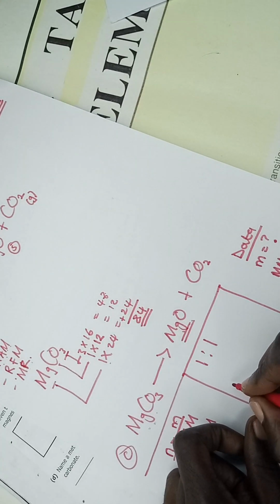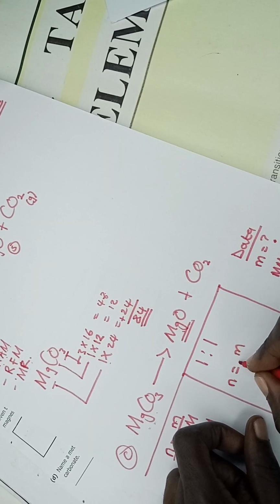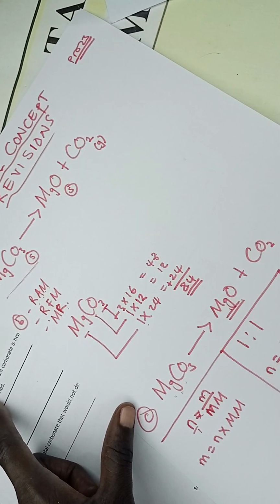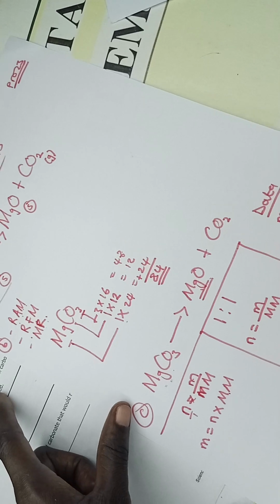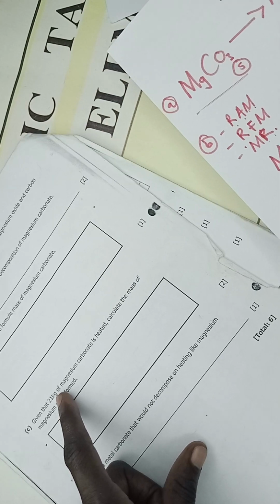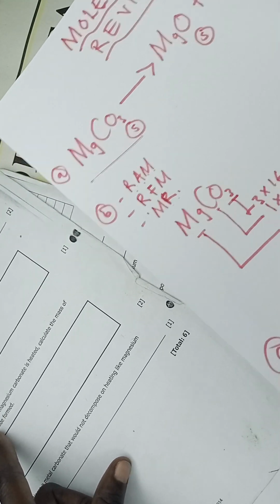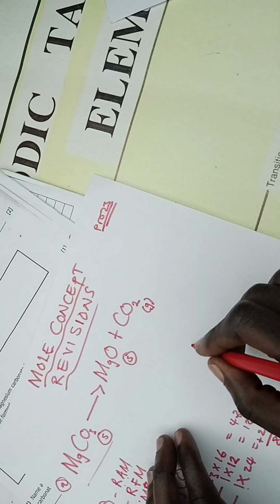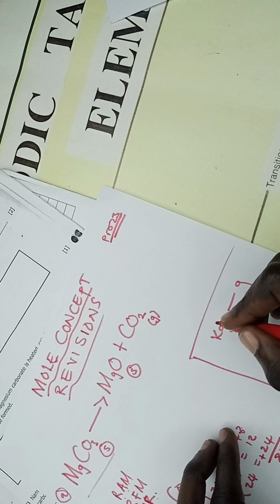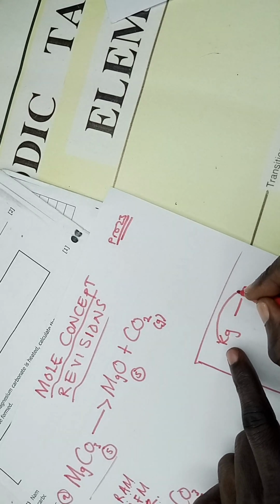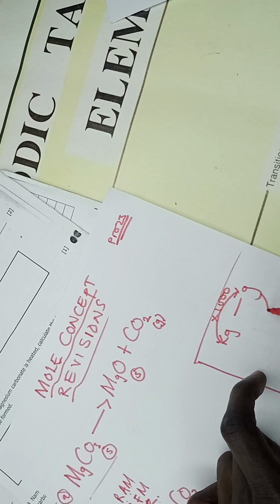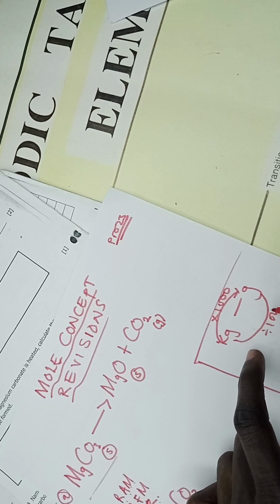We'll say number of moles is equal to mass over molar mass. We have been given the mass for magnesium carbonate, which is 21 kg. Now, we don't use masses in kg in stoichiometry, it has to be in grams. So we are going to convert from kg to grams. This is how we go about it. To convert from kg to grams, we multiply by 1,000. To convert from grams to kg, we divide by 1,000.